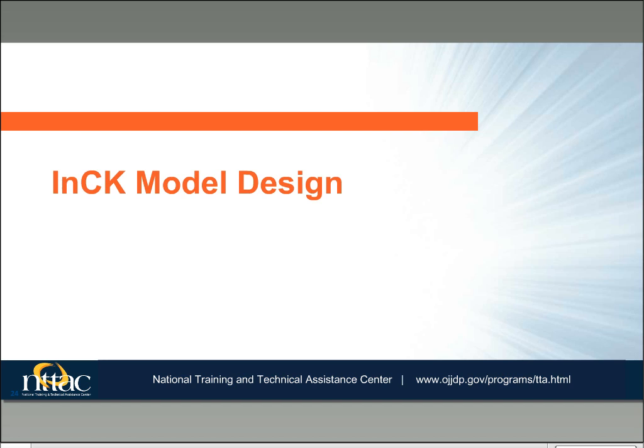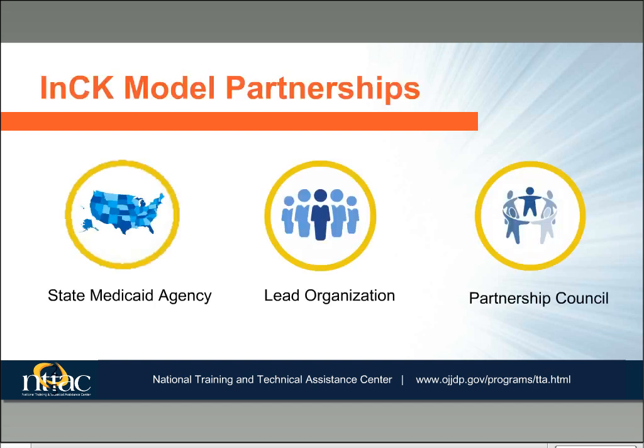So now I'll transition into some of the high-level features of the InCK model, to dig down into what that chart now looks like in real life, we hope. In order to implement the InCK model, we recognize that there's a need for strong partnerships between multiple partners within a community.